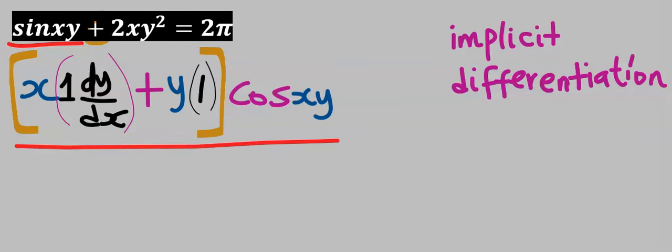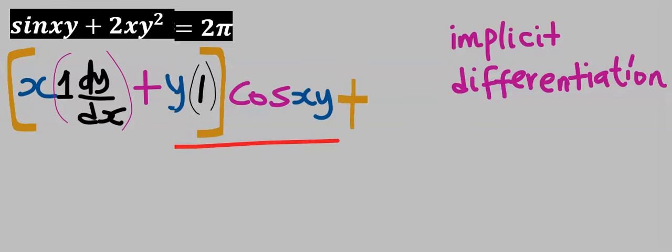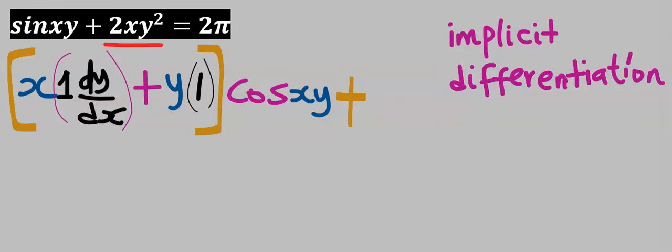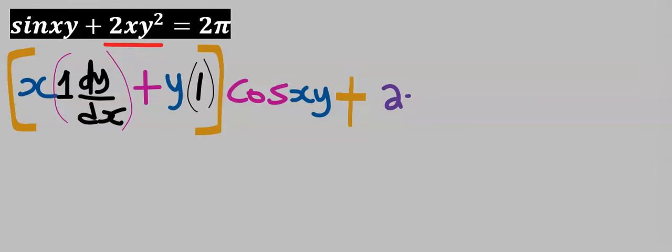Next, this is plus, hence I'm going to have plus here. Consider 2x multiplied by y squared. I'm going to keep 2x constant. If I differentiate y squared, I'm going to have 2y. Because I differentiated y, I'll multiply it with dy/dx according to the rule of implicit differentiation.